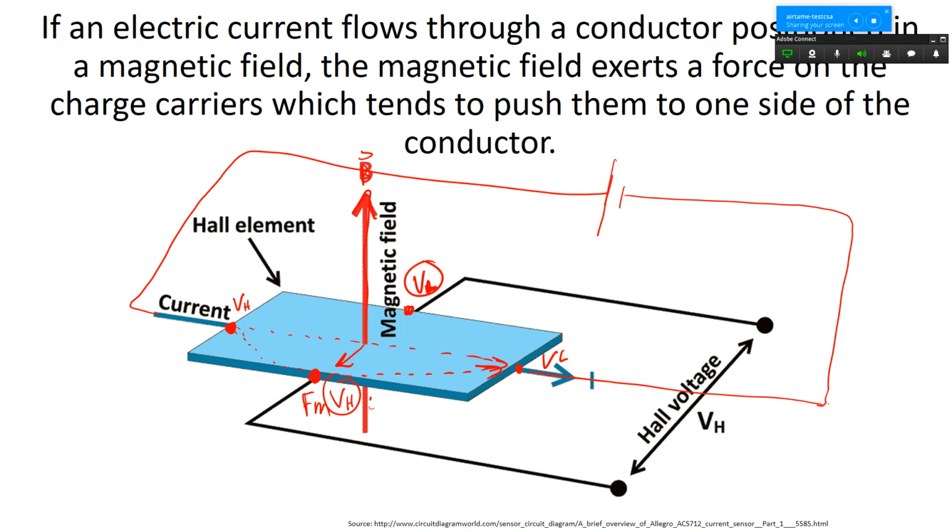So across this plate, you're going to have a voltage drop. And a voltage drop is great because that's an electromotive force. You can connect wires to it and make it do stuff, like go through a resistor.